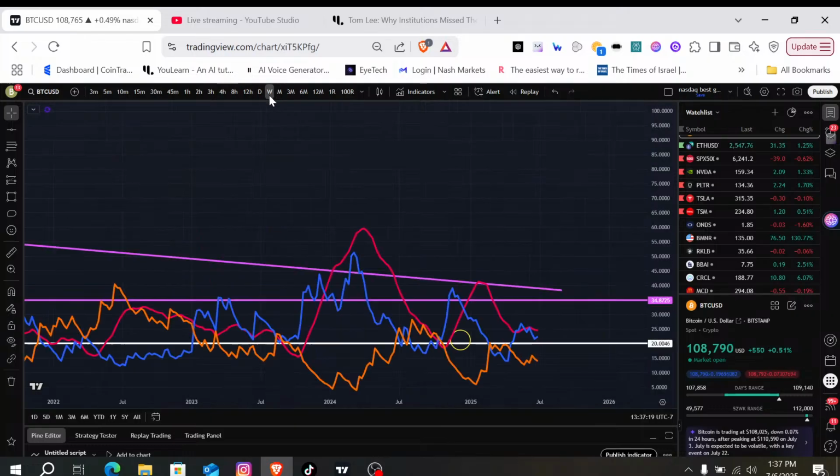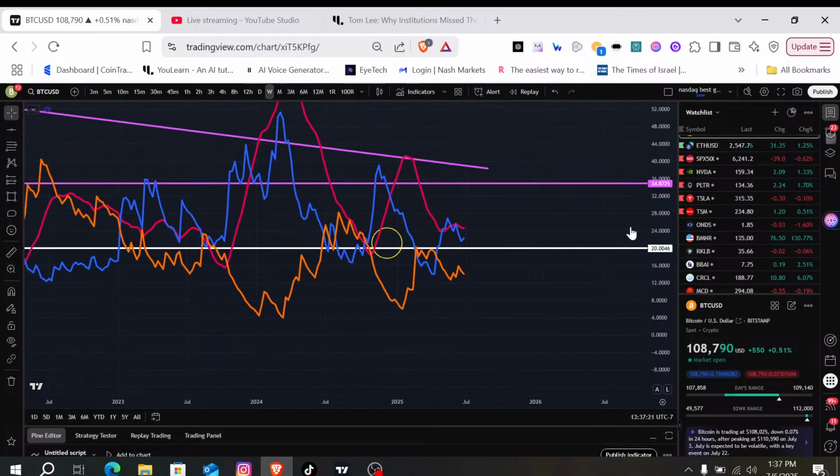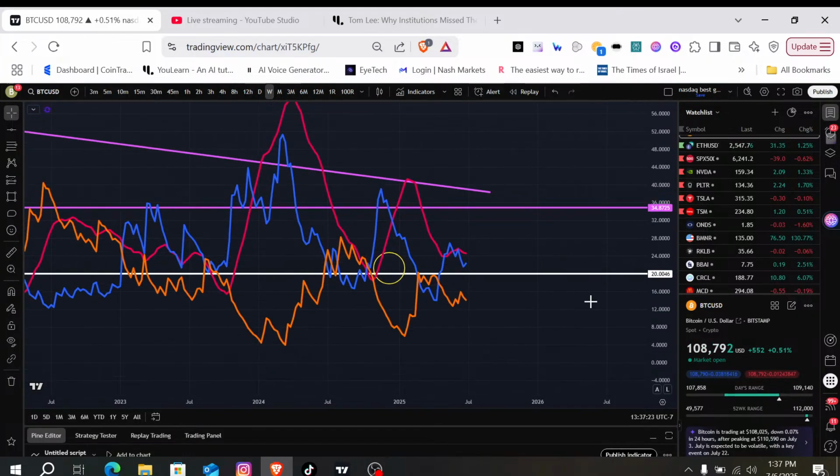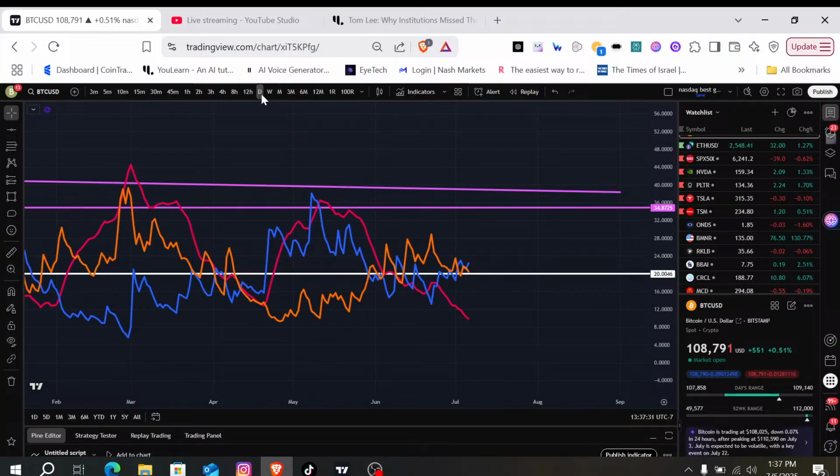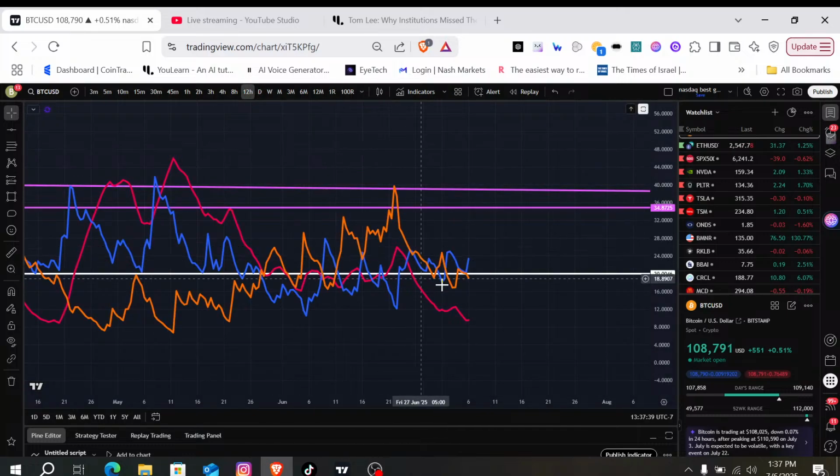Now I'm gonna go to the weekly. We wanna find these right here. These right here when they tighten up below the white line. You got volume low, neutral, just bouncing around really. The daily. The upper trend is happening right now, but still it's weak.